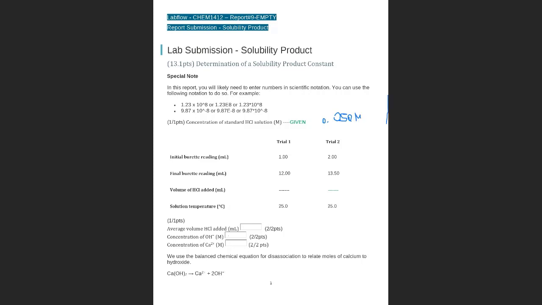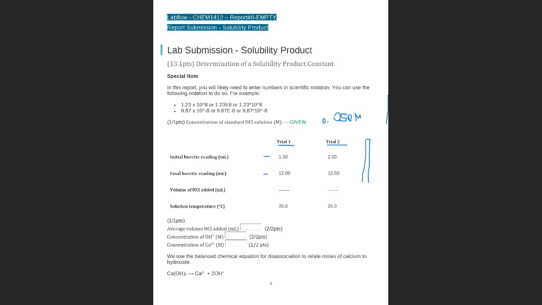This is basically the first thing that you have to do. They are telling you the initial data; they are doing 2 trials, 2 titrations. And what is the titration? It's what we've been talking about before: the titration of a saturated solution of calcium hydroxide. So they have the burette and they tell you the initial reading and the final reading.